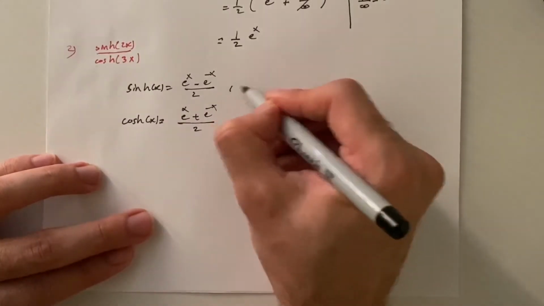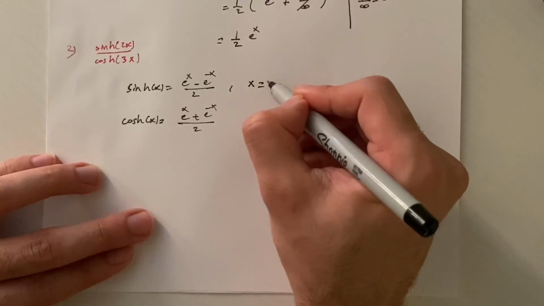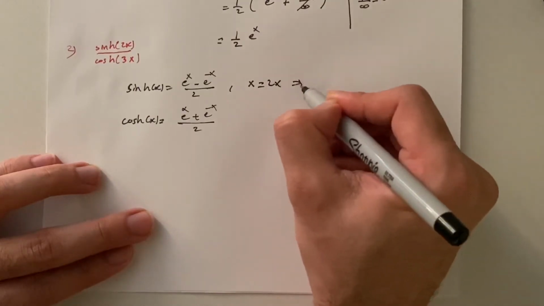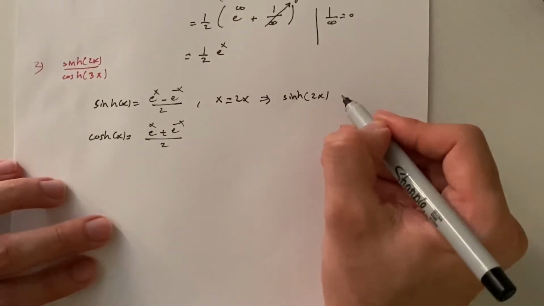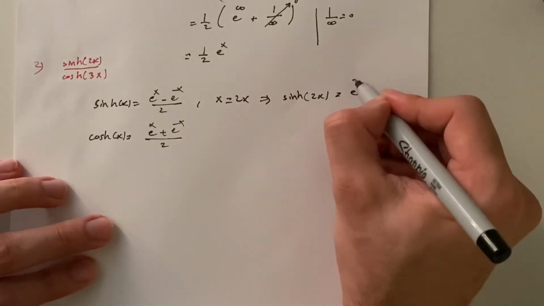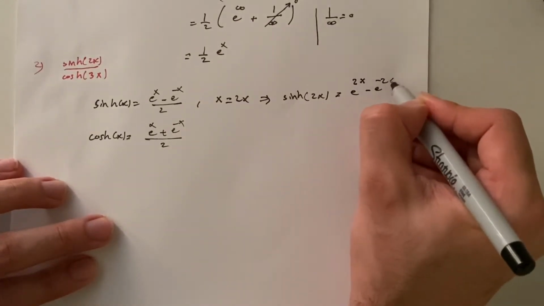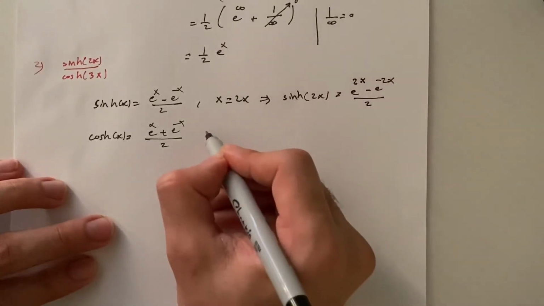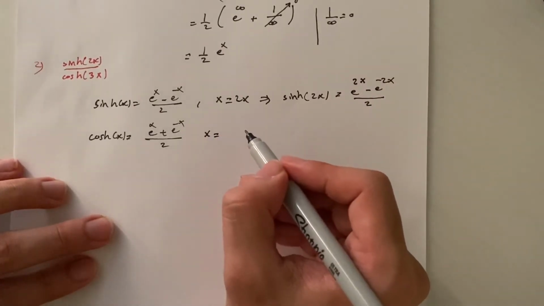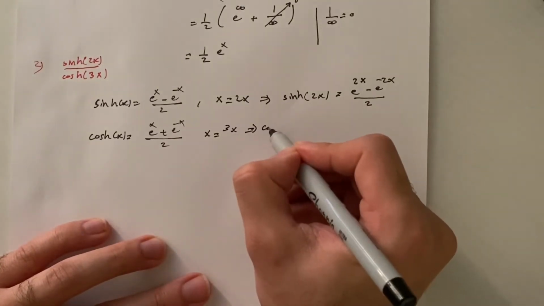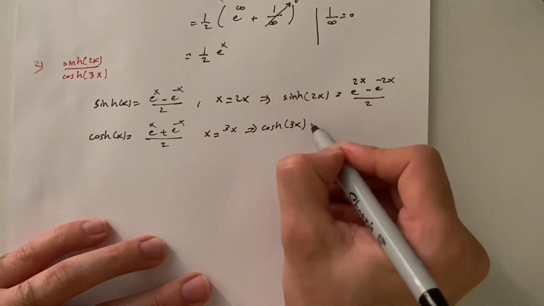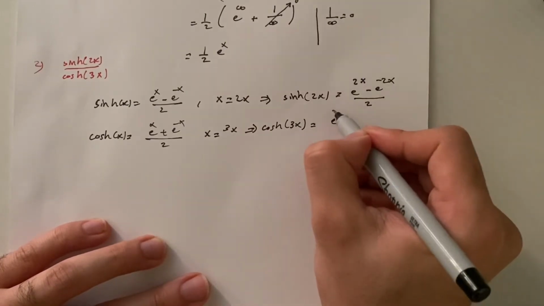Now for sinh, x is 2x, so we're going to replace x with 2x, so it's going to be e to the 2x minus e to the negative 2x over 2. And for cosh, we have x equal to 3x. Therefore, cosh of 3x is going to be e to the 3x plus e to the negative 3x over 2.